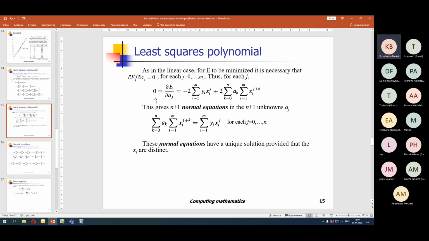We should find the partial derivatives dE over dAj, and these partial derivatives give us n+1 normal equations for n+1 unknowns. And this system of normal equations has a unique solution, provided that the values of x's are distinct.